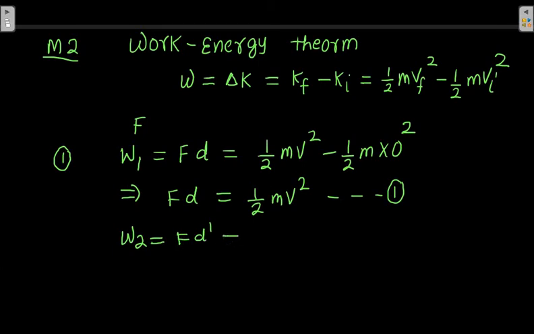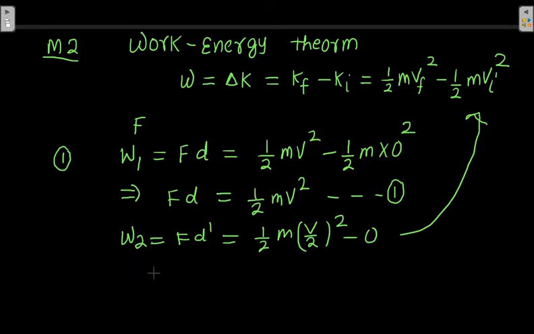That will be equal to half m (v by 2) square minus 0. On putting values in this equation and simplifying, F d dash will be equal to half m v square by 4. This is equation second.